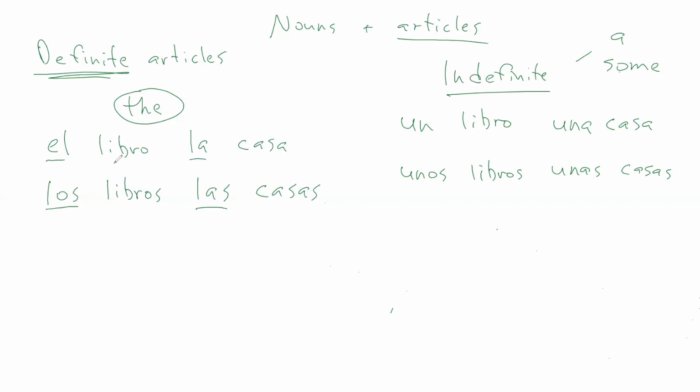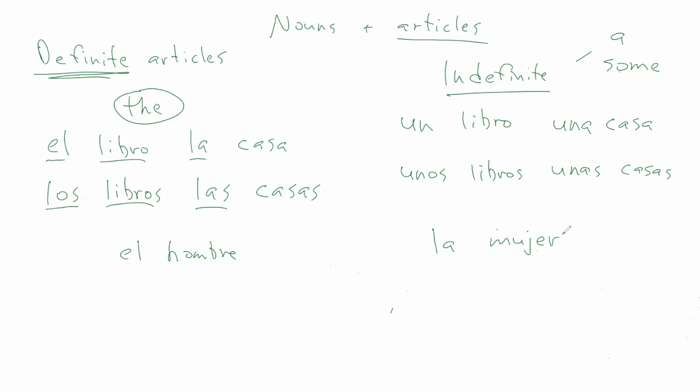And as I mentioned, we threw in some nouns here. We can do some other nouns for living things, right? We could have el hombre for the man. Feminine, we could have la mujer, the woman.